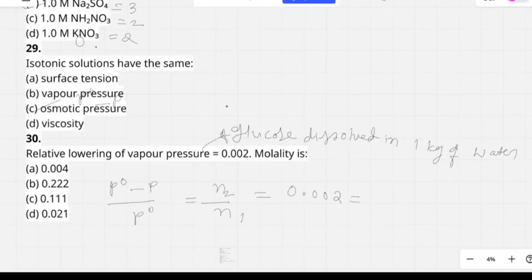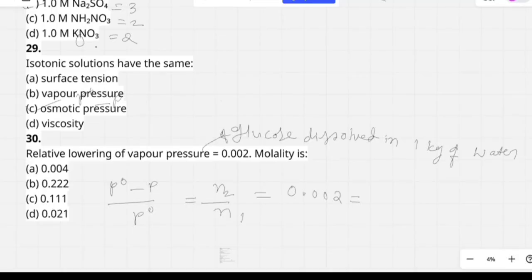So already they have given the value of (P0 minus P) divided by P0. So you have to substitute the value of n2 divided by n1. First you have to calculate n1 and n2 here.